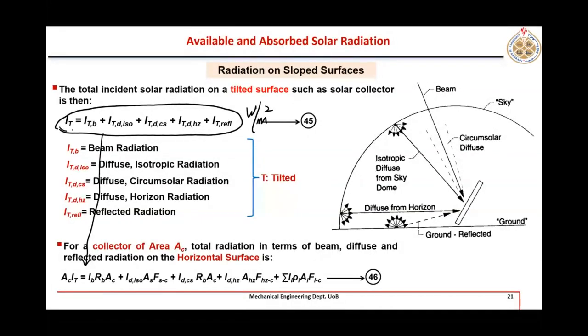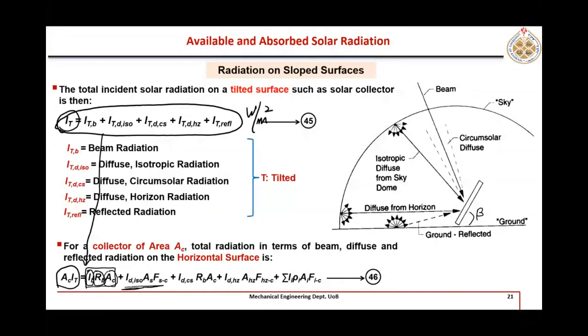So the total radiation falling on a tilted surface multiplied by solar collector area is equal to the beam part. The beam part falling on a horizontal surface multiplied by the tilt factor, because the surface is not horizontal, that is tilted, multiplied by area of the collector.